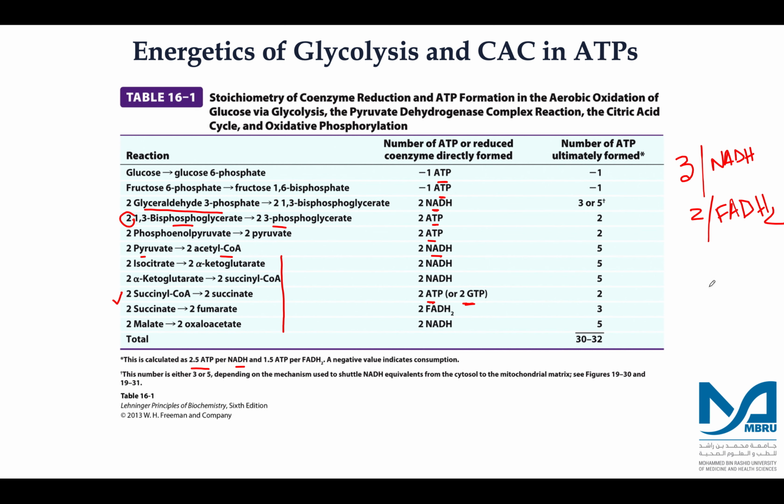So when you are doing the calculation, what I want you to do is to do this calculation with the figures that I have stated here: 3 ATP molecules per NADH and 2 ATP molecules per FADH2 molecule, and tell me what is the total number of ATP molecules that you are getting.